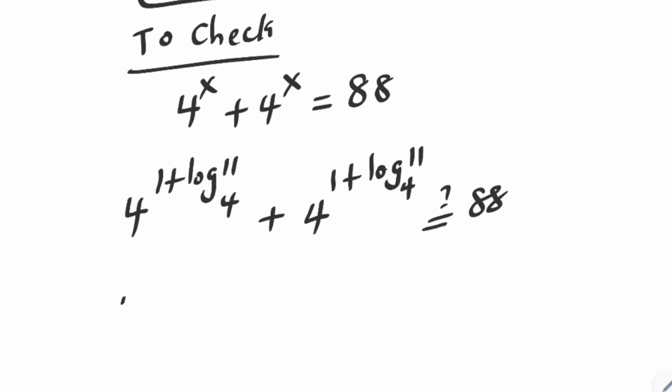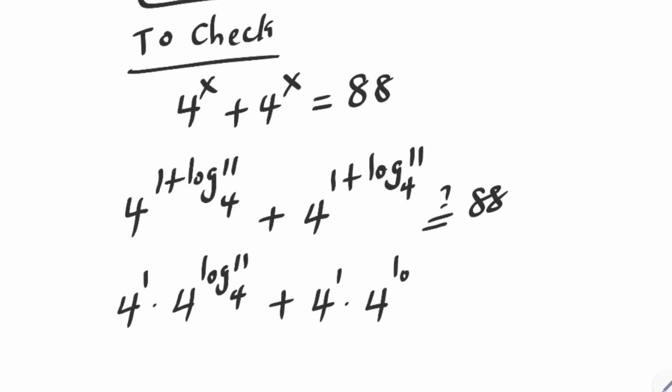Then this is same thing as 4 raised to power 1 multiplied by 4 raised to power log 11 base 4 plus 4 raised to power 1 multiplied by 4 raised to power log 11 base 4 must be equal to 88.